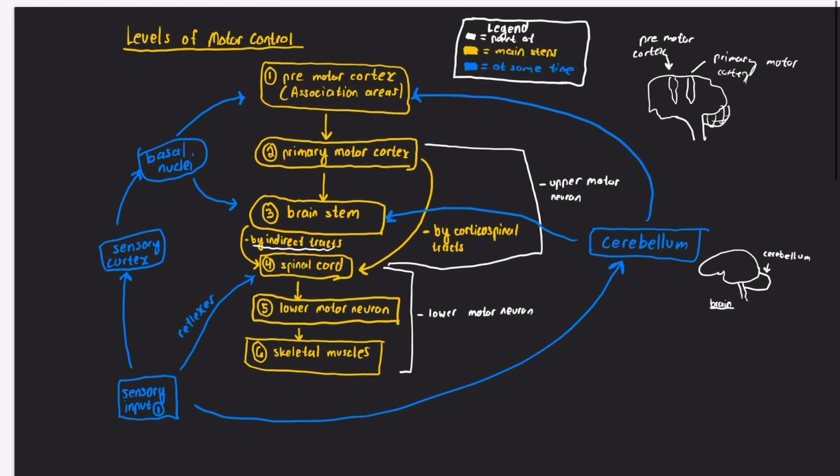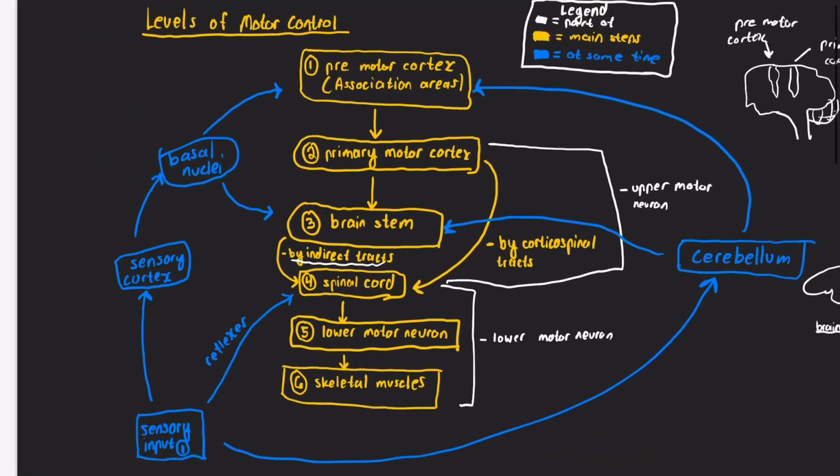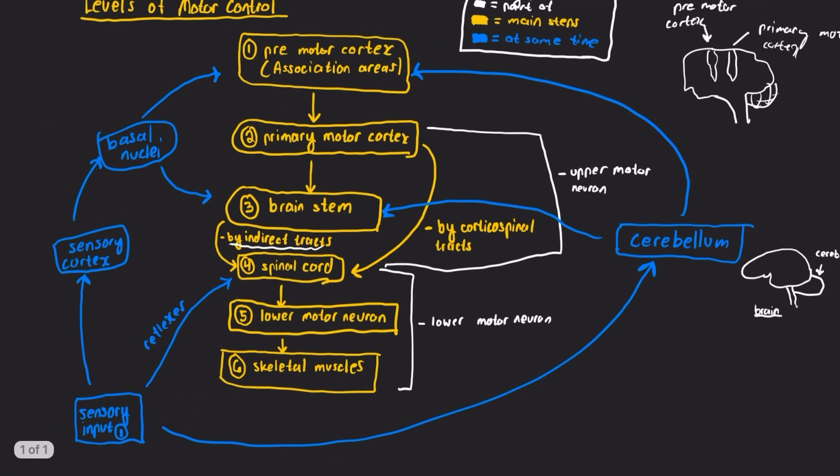So the main thing to remember here, to simplify this, is that we have sensory information sending synapses to different parts of either the brain or our spinal cord, okay? And it will travel from one part to another until it reaches the premotor, okay, or the brainstem, or the spinal cord.